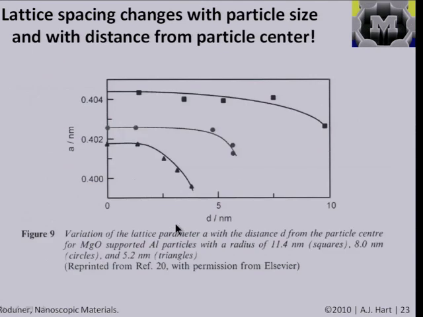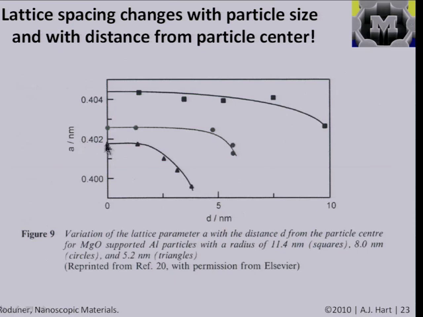And what can be done in more detail is these researchers have also plotted, for example, the change in this local spacing as a function of the distance from the center of the particle. So now this is no longer the radius or the diameter, it's how far you are from the center of the particle.